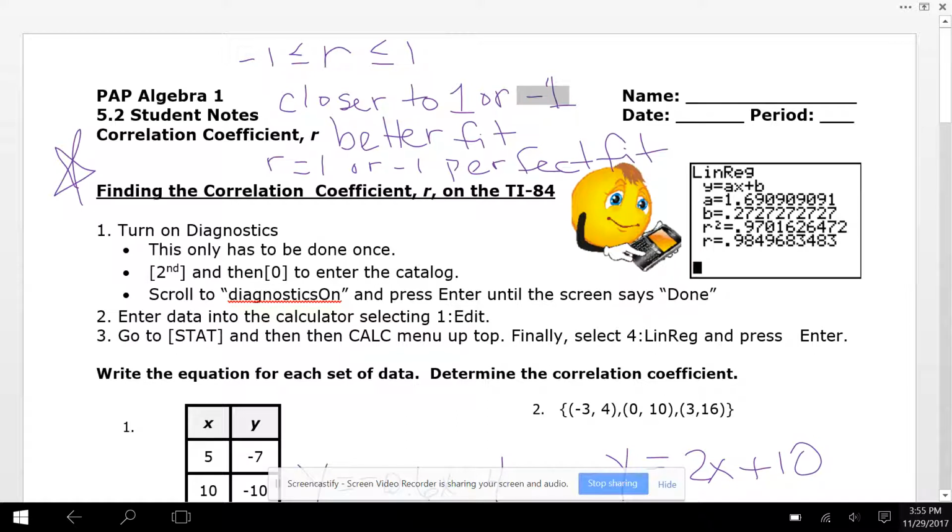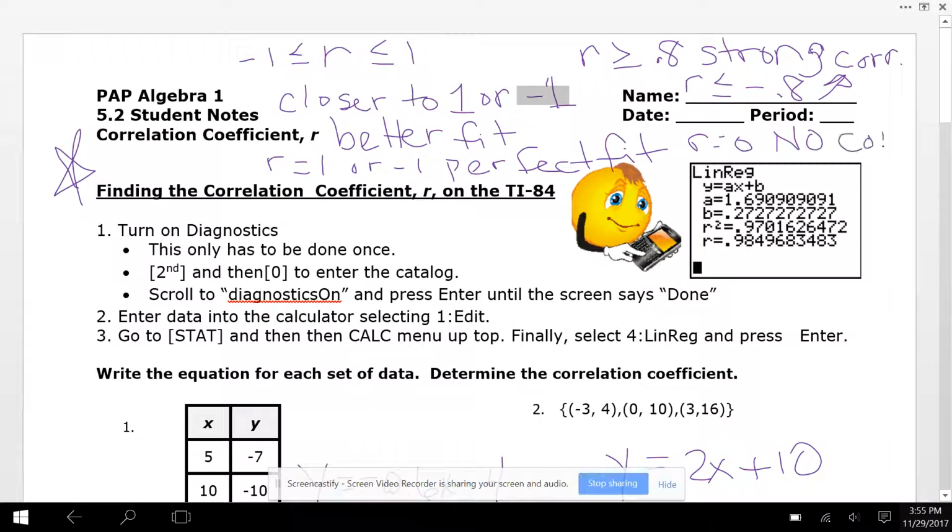And we consider it a strong correlation if R is bigger than 0.8. So R greater than or equal to 0.8 is a strong correlation, either positive or negative. So R less than or equal to -0.8 is a strong negative correlation. If R equals 0, no correlation.